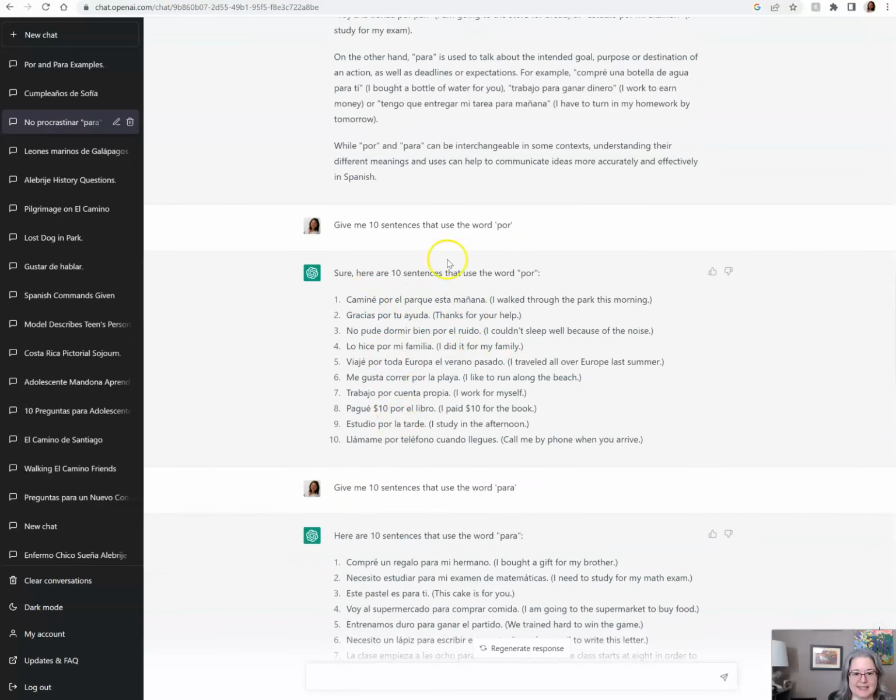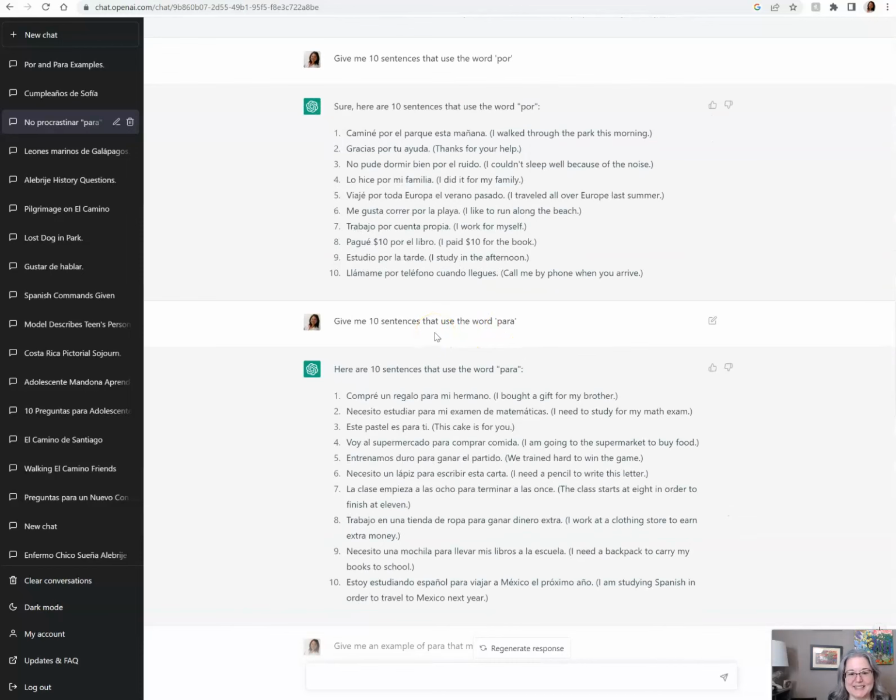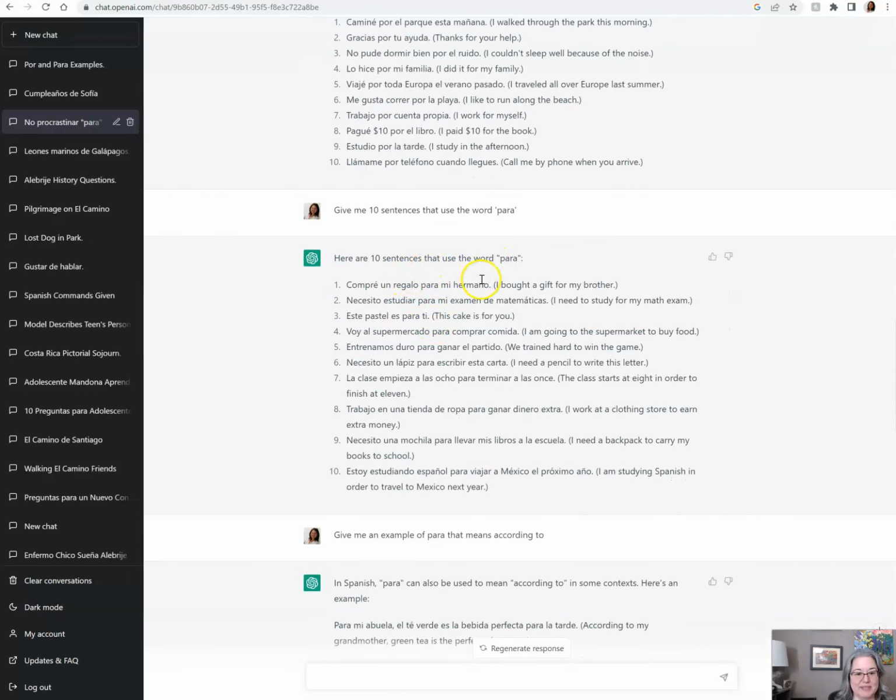And it gave me 10 sentences along with the English translation. Then, of course, 10 sentences using para. Again, it gave me 10 along with the English translation. So I have these incorporated now into my lesson plan, and we will just talk about them as a class and practice with them, play around with them.